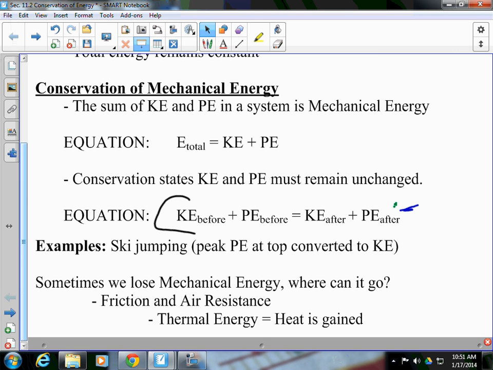And that's why machines, as we talked about in Chapter 10, are not 100% efficient, because you can't overcome some of these things. You can't overcome air resistance. You can't overcome friction. So sometimes you lose it. Where does it go? You usually lose it to friction or thermal energy. So KEi plus PEi is equal to KEf plus PEf.